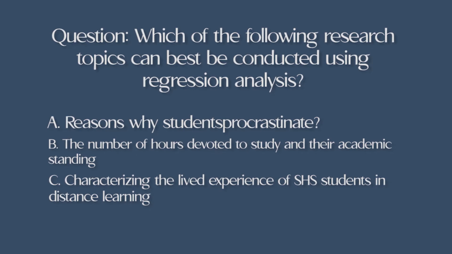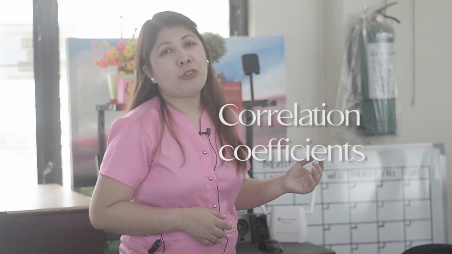Moving on to the last type of analysis for bivariate data, we have the correlation coefficient. To obtain the quantitative value of the extent or the strength of the relationship between two sets of items, it is necessary to calculate the correlation coefficient.